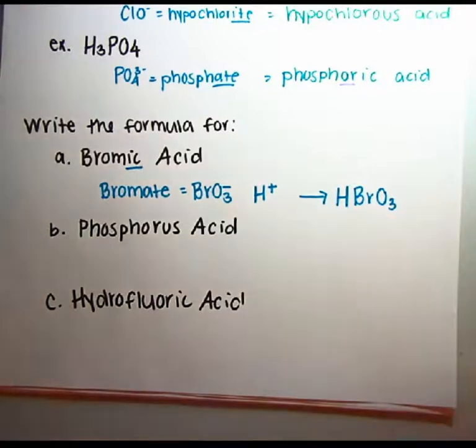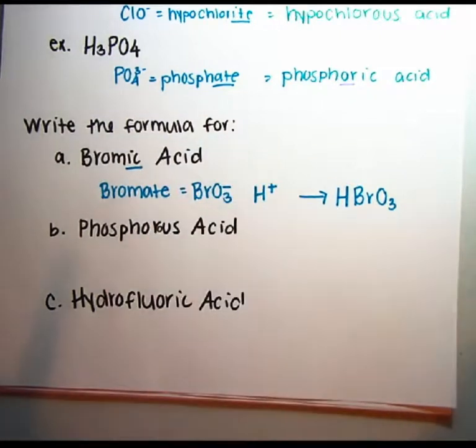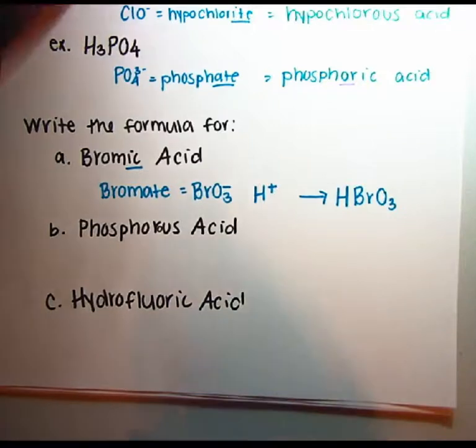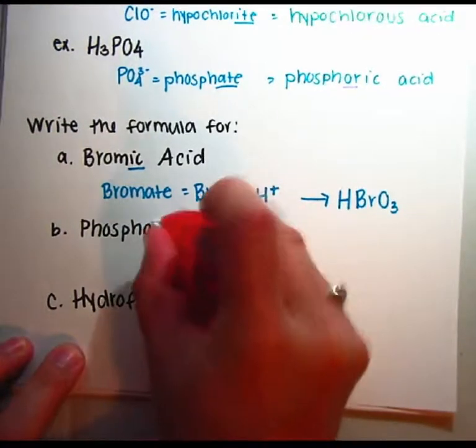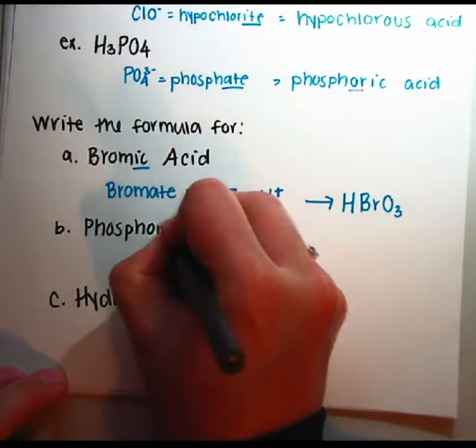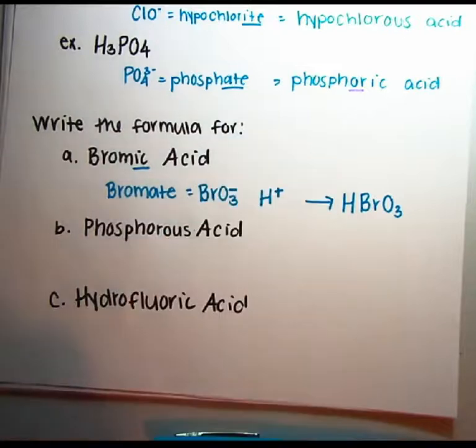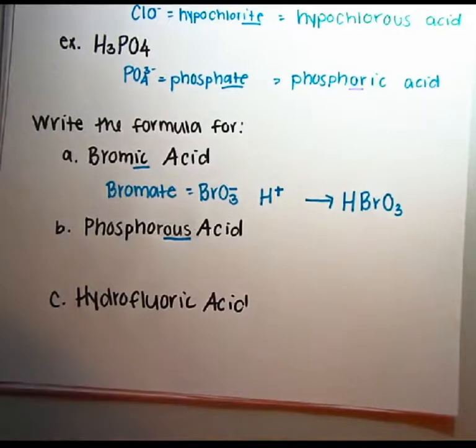All right, second one. It would help if I could spell correctly. Let me make that look a little bit better. All right. It ends in OUS. Phosphorus acid, ending in OUS.